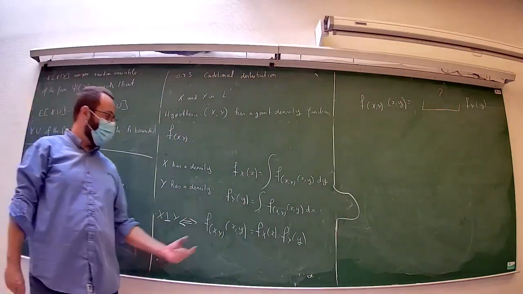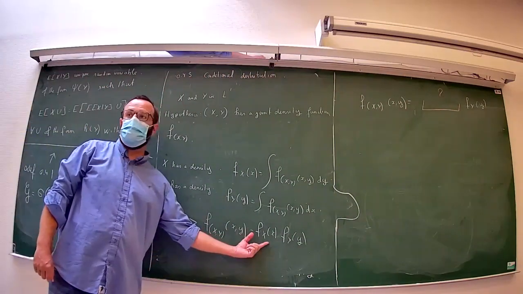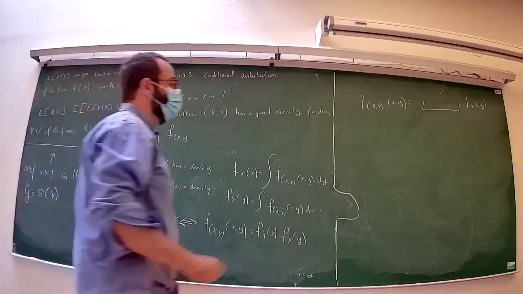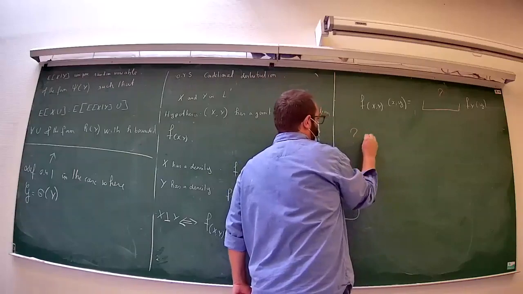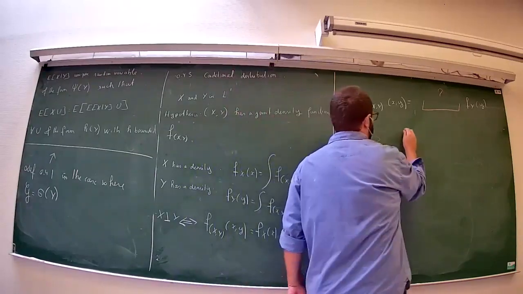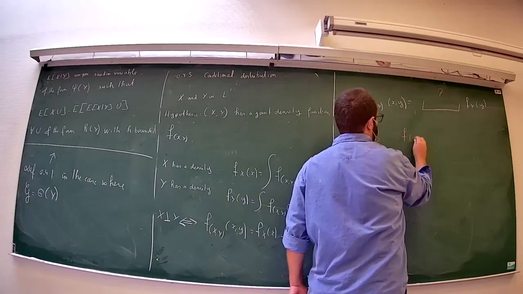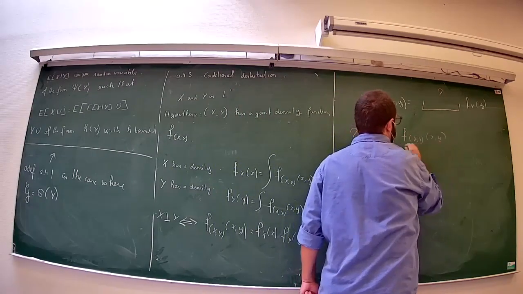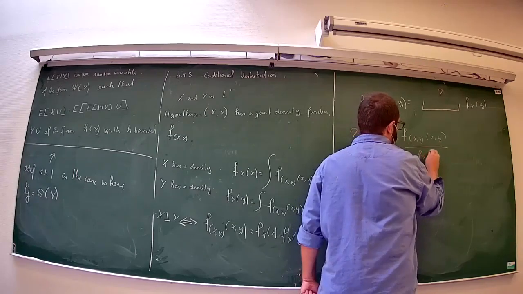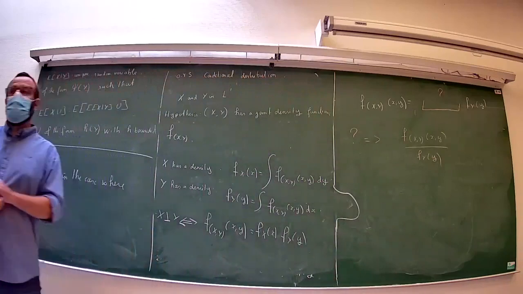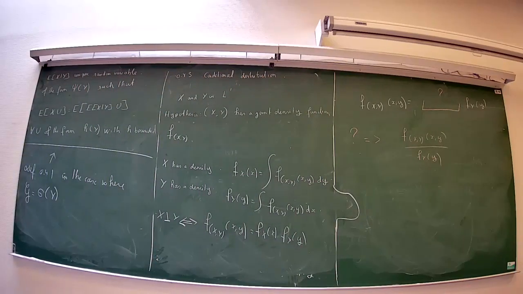Of course, when they are independent, it's f of x, but when they are not, the one we can take is this one. The only problem I may have is when the density of y is 0.